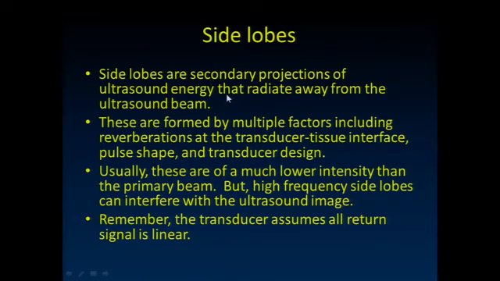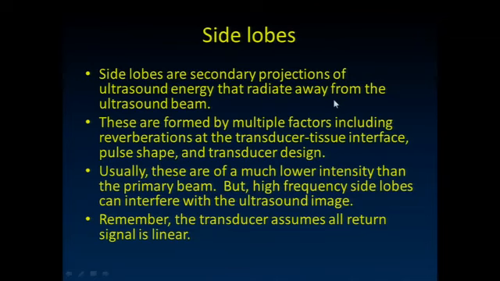Side lobes: when we try to create this single focused line of ultrasound heading off in just one direction, just like creating an ultrasound pulse of a single frequency, it's nearly impossible. It's nearly impossible to create that sound heading off just in one direction without creating some sound heading off in slightly other directions as well. And those are referred to as side lobes.